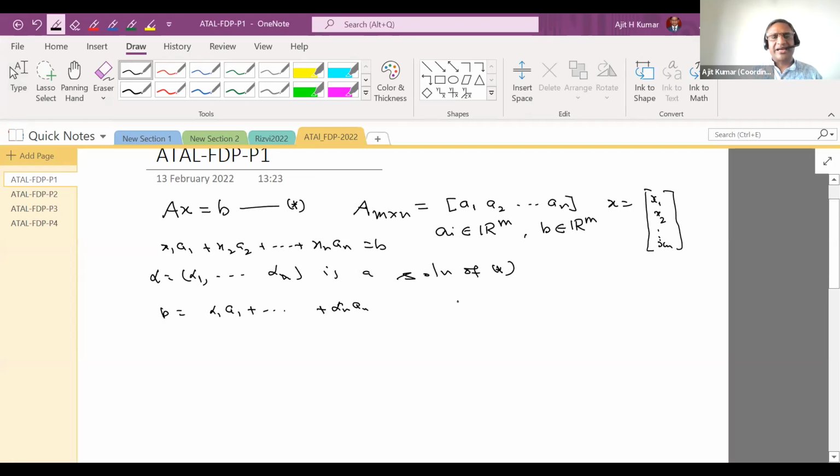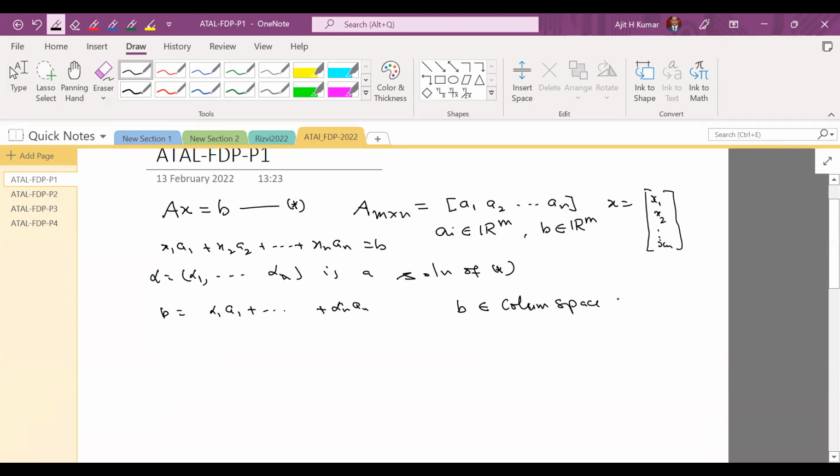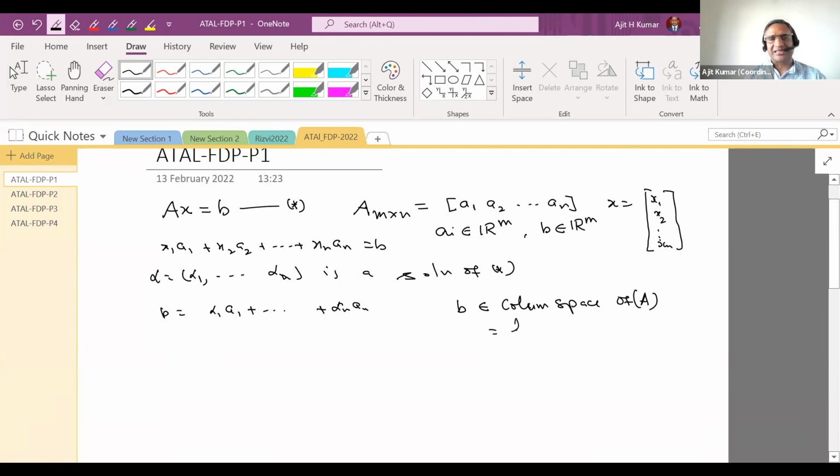This simply means that B is a linear combination of A1, A2, ..., An, and that simply means that B lies in the column space of A, or that is nothing but the linear span of these vectors A1 to An.